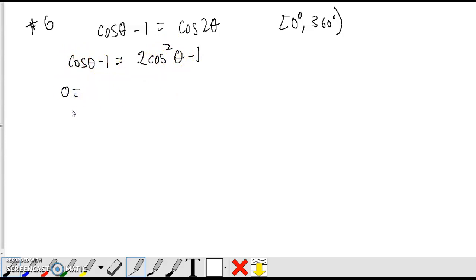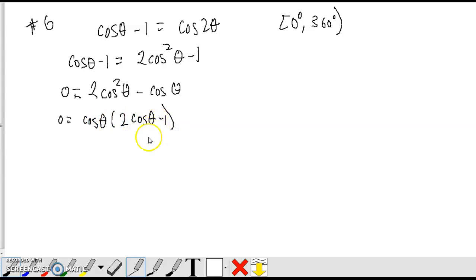So again, from our trig equations from 6.2, this will become 2 cosine squared of theta minus cosine of theta, and the negative ones cancel each other out. It's already set to 0, so let's factor. Let's pull out a cosine of theta, and this will be 2 cosine of theta minus 1.